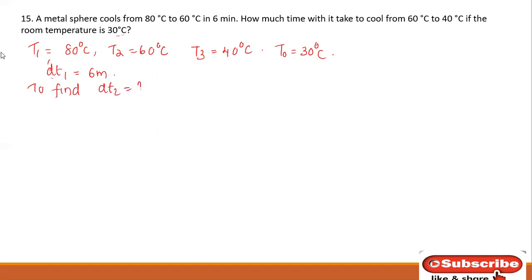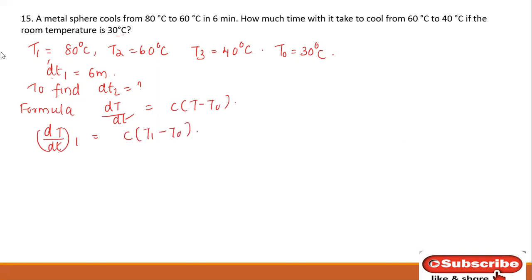Okay, we know that the formula for rate of cooling is dT upon dt is equal to C into T minus T0. So for the first one we can write dT upon dt1 is equal to C into T1 minus T0.